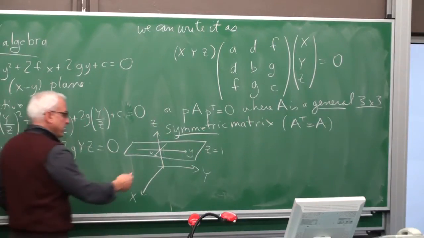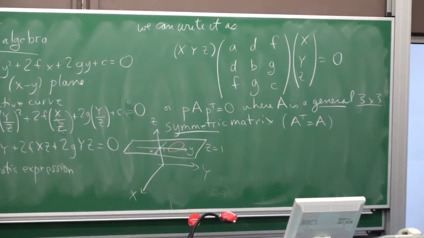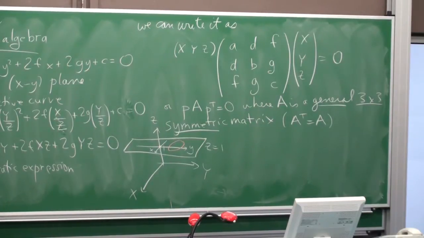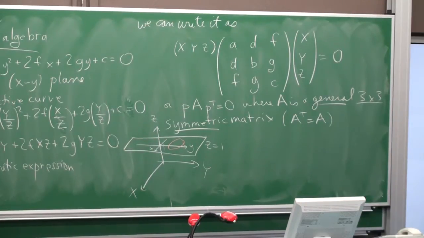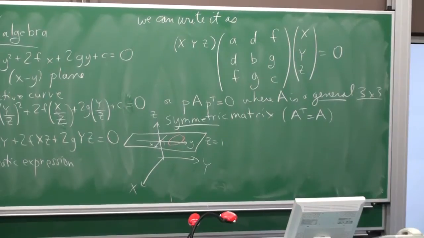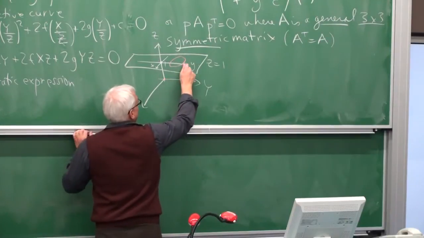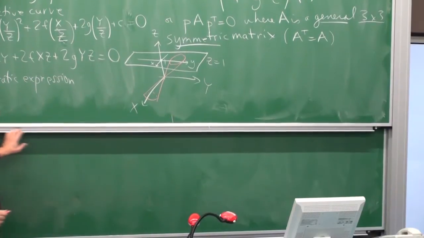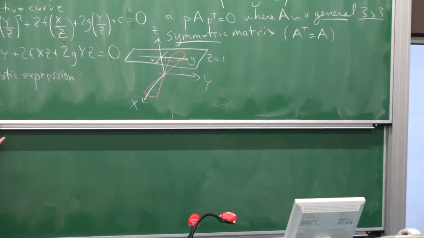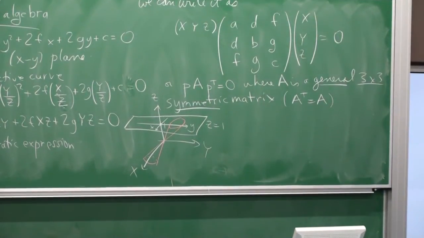Whatever conic we were considering, maybe some ellipse in some general position, that two-dimensional conic is now replaced by a surface. This defines a surface in three-dimensional space which is homogeneous, meaning it's invariant under scaling, so it's like a cone. The surface is what you get by joining all the points of that ellipse with the origin, and you get this three-dimensional surface with a cone-like aspect.